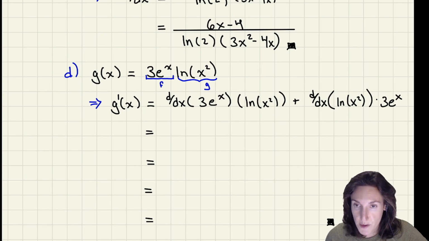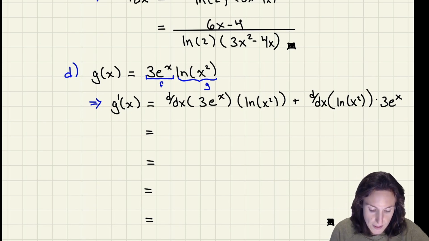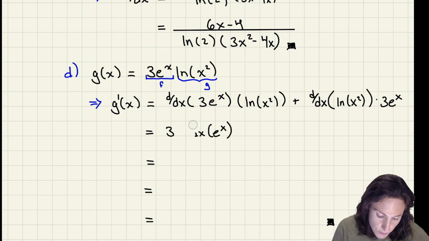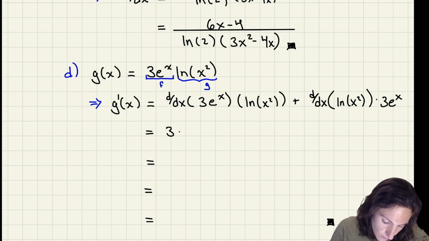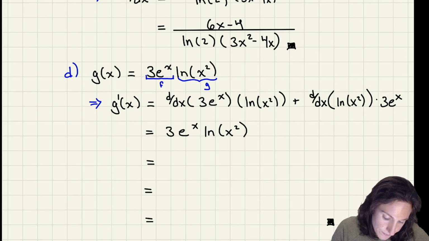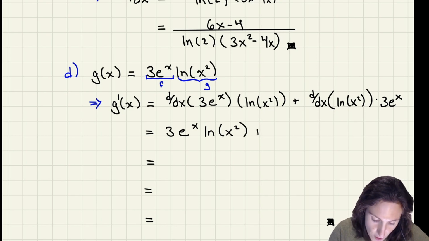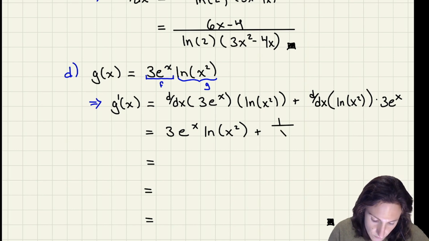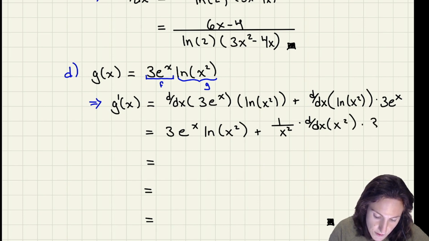Now, the derivative of 3e to the x, well, the 3 we can take outside the derivative and think of it like d dx of e to the x, but that's just equal to e to the x. And then I have times ln x squared. Now, the derivative of ln, remember, we go 1 over what we have in the ln, and then we're going to have to go times d dx of the thing on the bottom, and then this is still times 3e to the x.